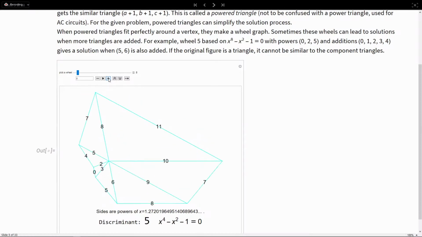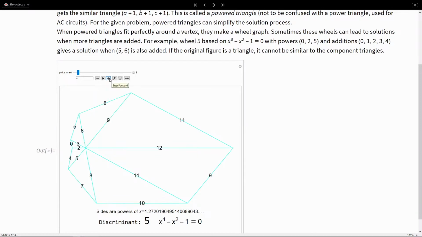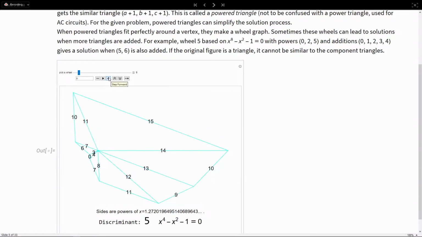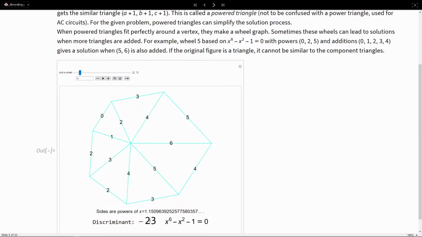And for example, all these have discriminant 5, which means these are built with the algebraic space of the golden ratio. And these are minus 23. These are in the algebraic space of the plastic constant.